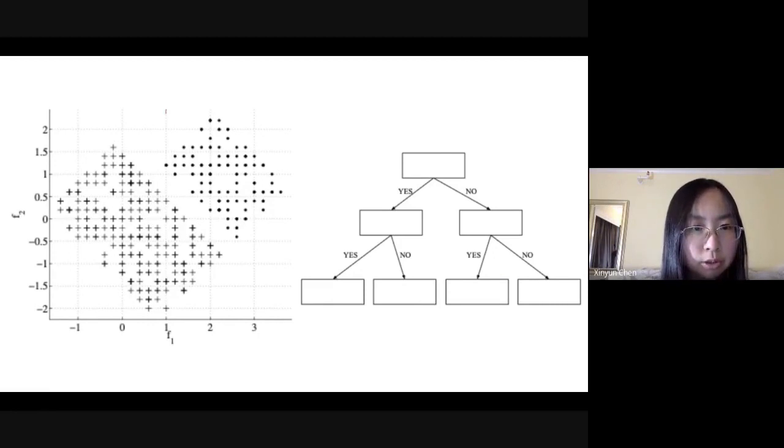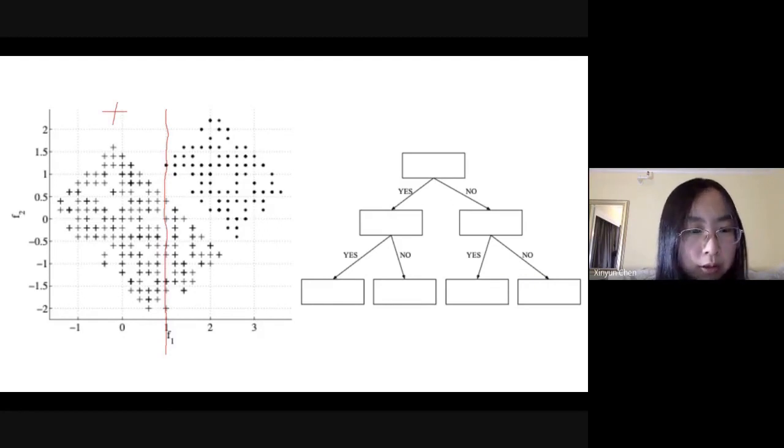Suppose we draw this line of F1 equals 1, then we can see that for all of these dots, they will have F1 at least not smaller than 1. So in the left part of this decision boundary, all of them are plus. Then we need to do more separations for the right part.